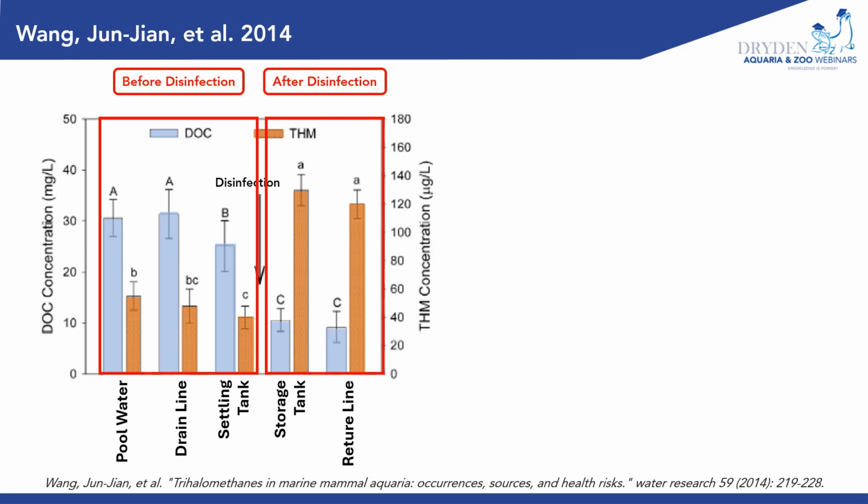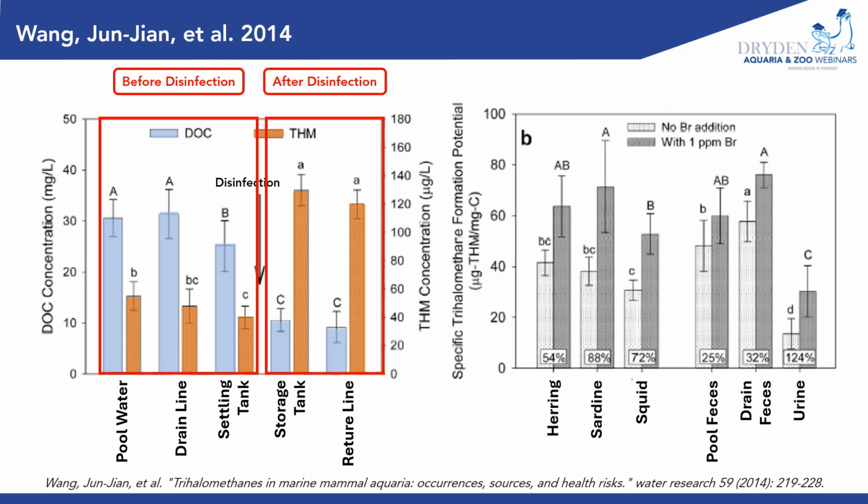Yes. So on this graph, they compare different precursor sources, so uneaten food, scat and urine in both fresh and seawater. It shows that THM formation in all the precursor sources dramatically increased in the presence of bromine. And on top, in saltwater exhibits, not only chloroform is formed, but also the mixed forms such as bromochloromethanes and bromoform.